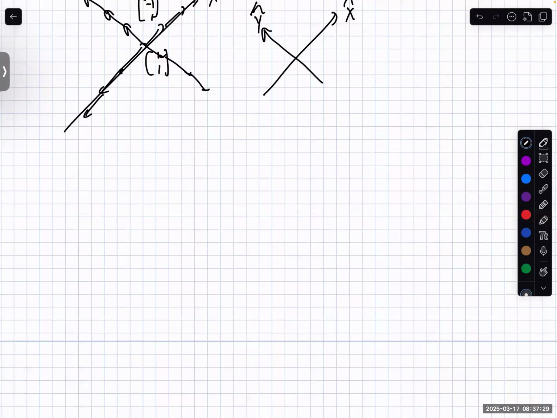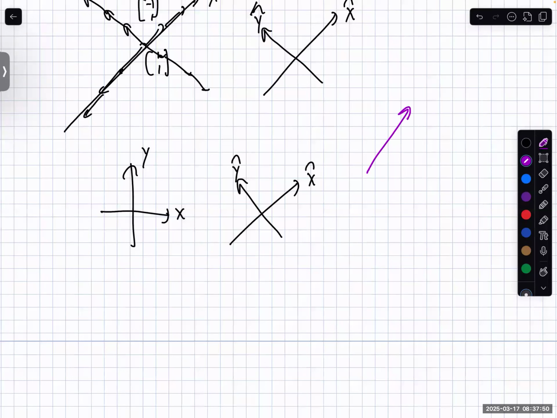So then I could take my two different coordinate systems, one here and one here. And I could take, say, a vector like this. If I draw that vector in this coordinate system, I could say it's 7 over and 11 up. And I can use a matrix to represent that vector.